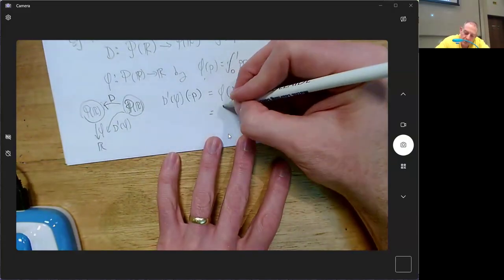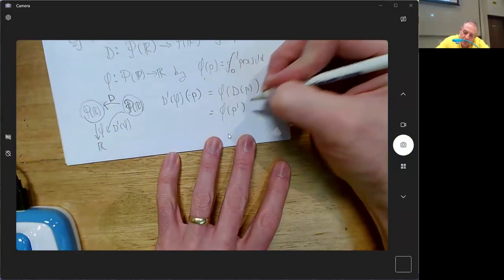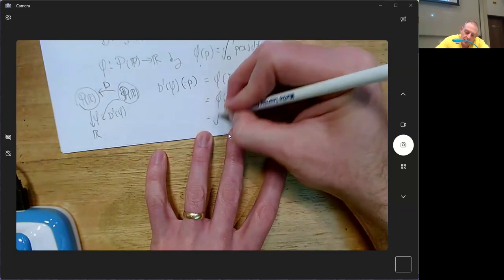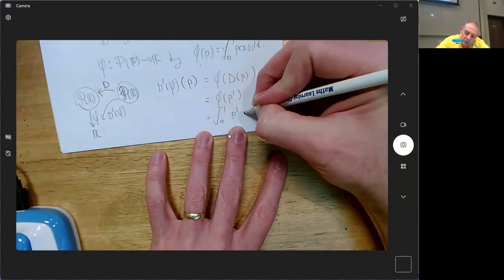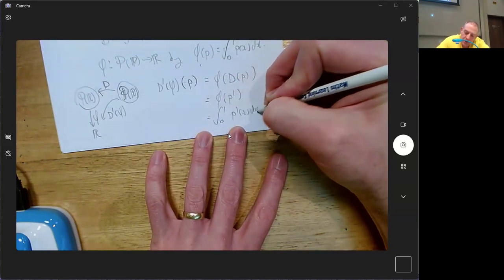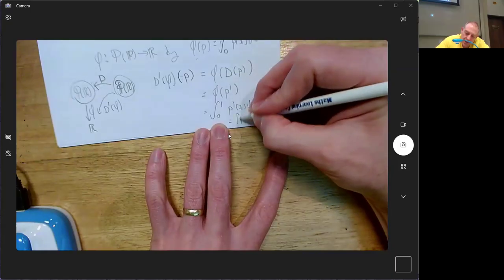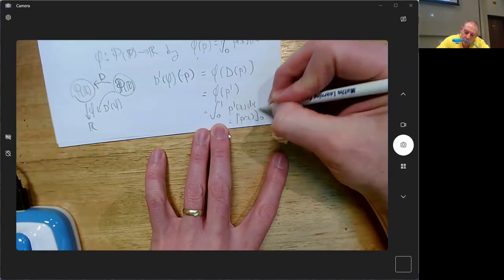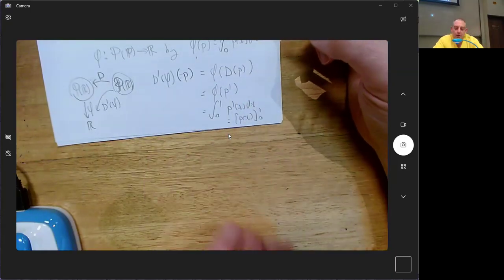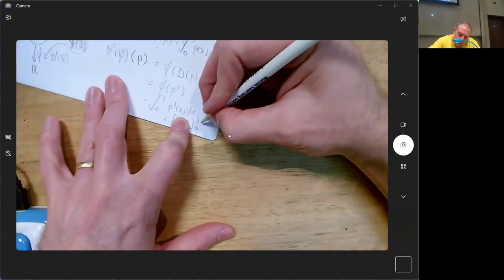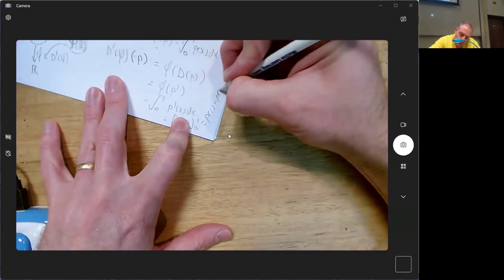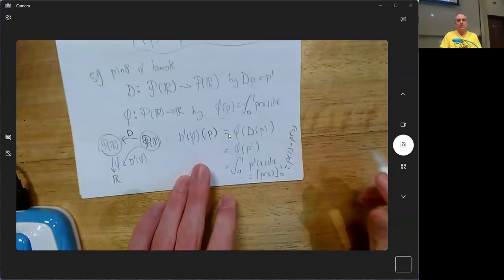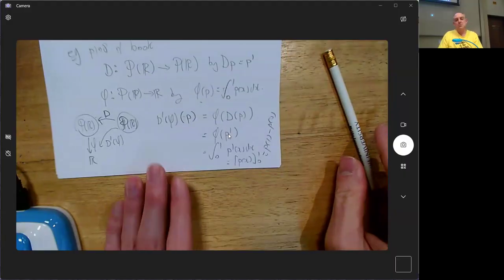And so that means it will be phi of p dashed, which will be the integral from 0 to 1 of p dashed of x dx, which will be p(x) from 0 to 1, which is p(1) minus p(0). Right. Okay. Weird.